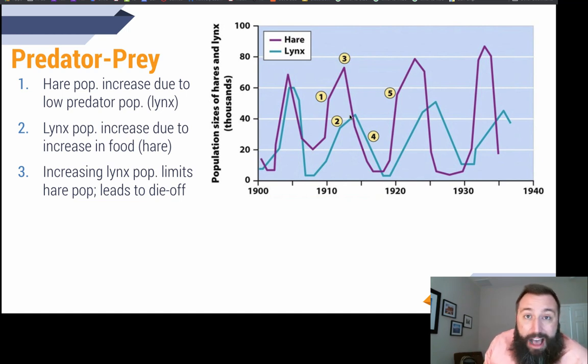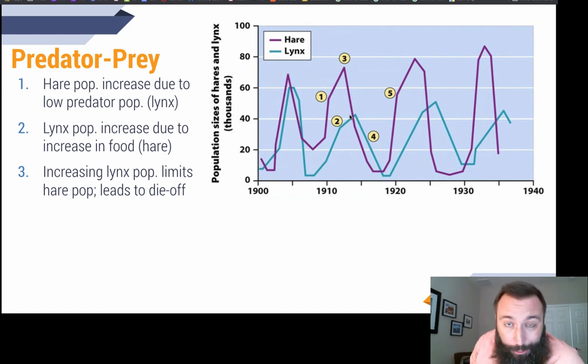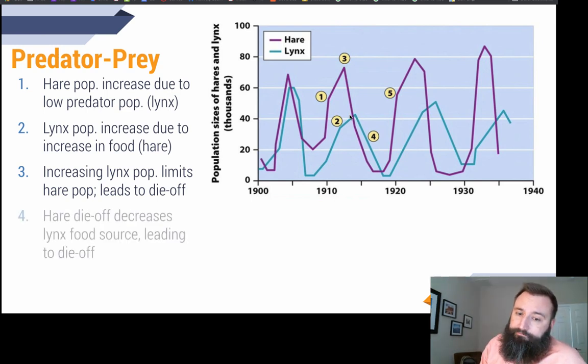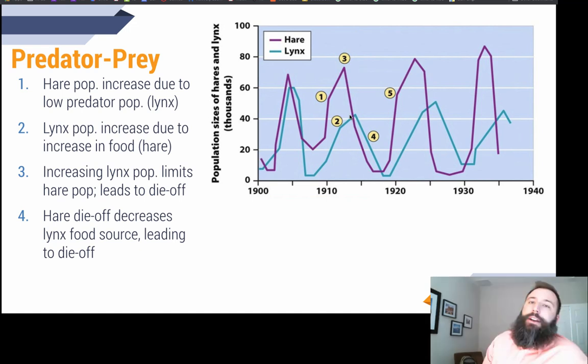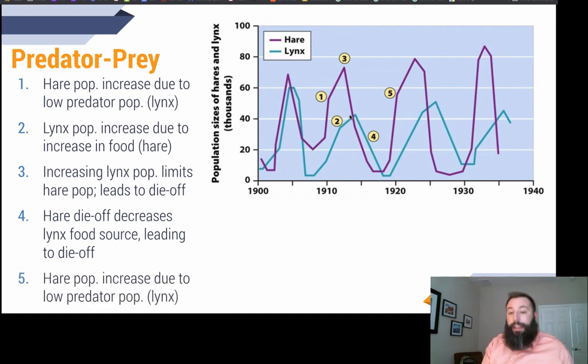Now all of a sudden we have more predators. Those predators can start eating a little bit more. When they eat a little bit more, that's going to start to drive that population size of the prey back down. That hare die-off decreases the lynx food source, which leads to a die-off then for the predator too. And then it starts all over again in this kind of cyclical, oscillating process.